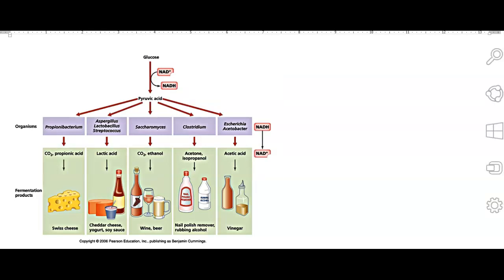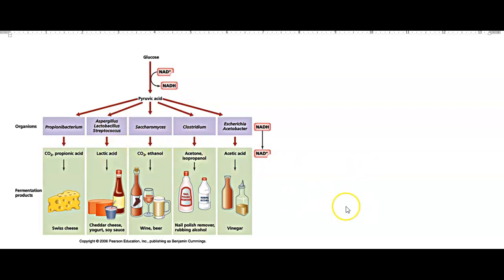We actually use fermentation for a lot of different things. Swiss cheese, that's if you start out with this particular bacteria. Carbon dioxide is actually making those holes in the Swiss cheese. Lactobacillus, these different things. Cheddar cheese, yogurt, soy sauce.